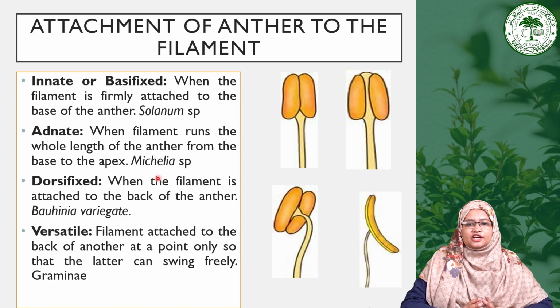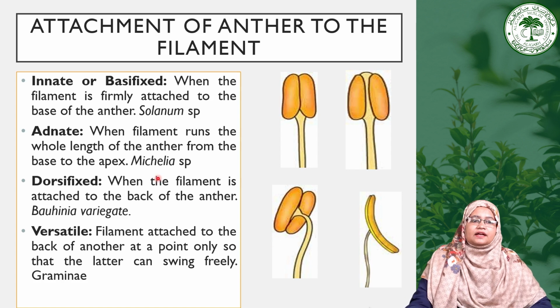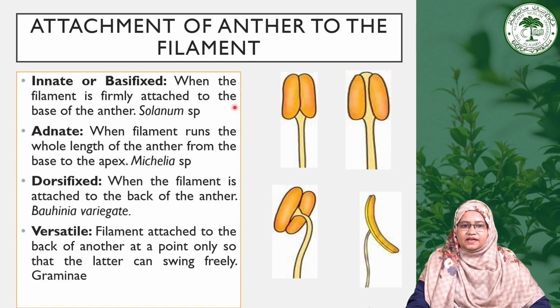Now if we see the attachment of the anther to the filament, it is either innate or basifixed, as you can see here, when the filament is firmly attached to the base. Then adnate, when the filament is attached all throughout the anther length, as in Michelia.